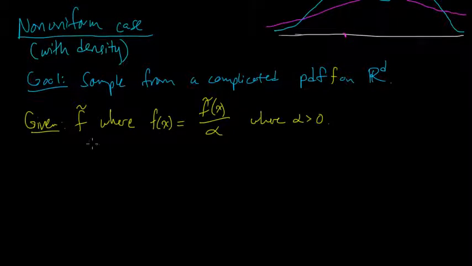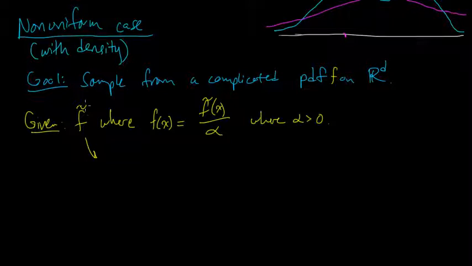And one thing that I should have mentioned here is that mathematically speaking, if we know f tilde, then we know f, because in order to get f, we just need to integrate f tilde over the whole space, over R^d, and that gives us alpha, the constant of proportionality. So mathematically speaking, f tilde gives us f. But computationally, there can be a big difference.